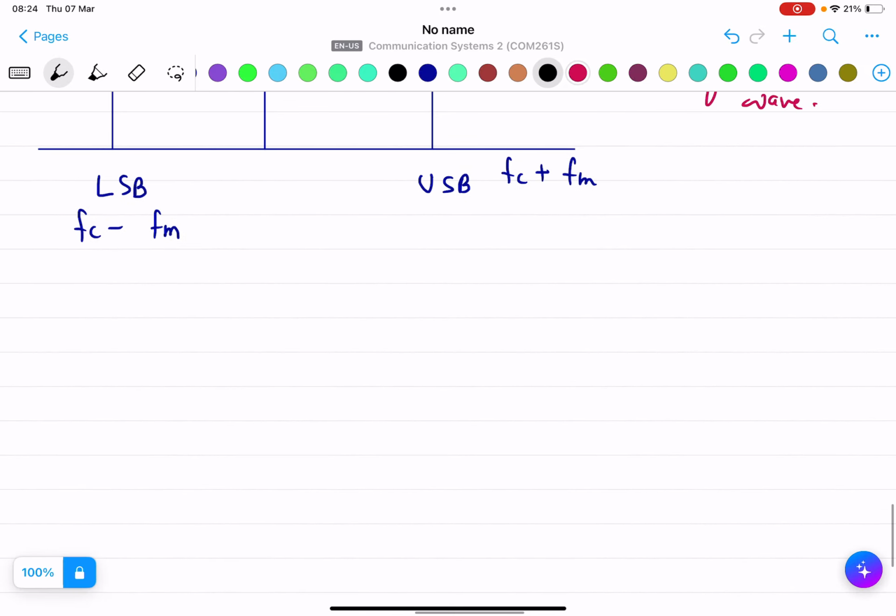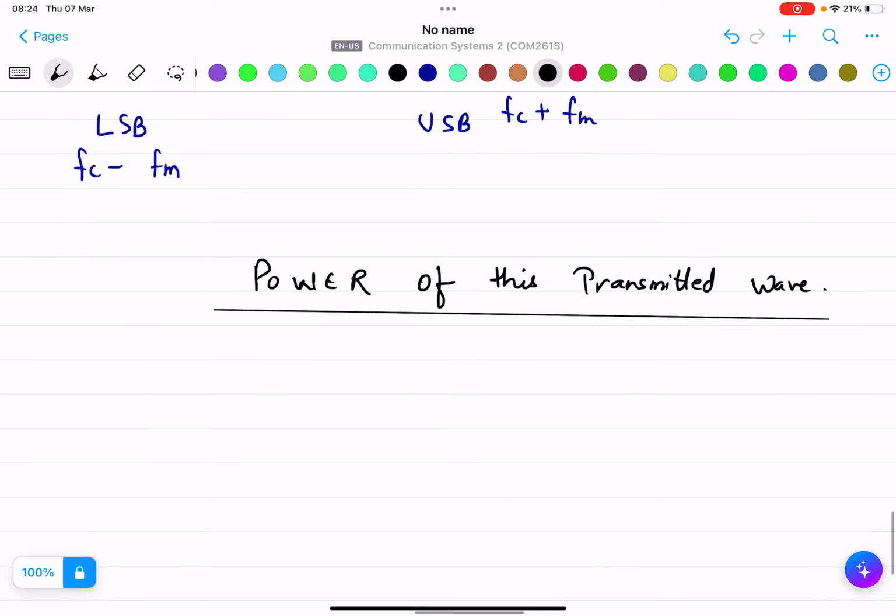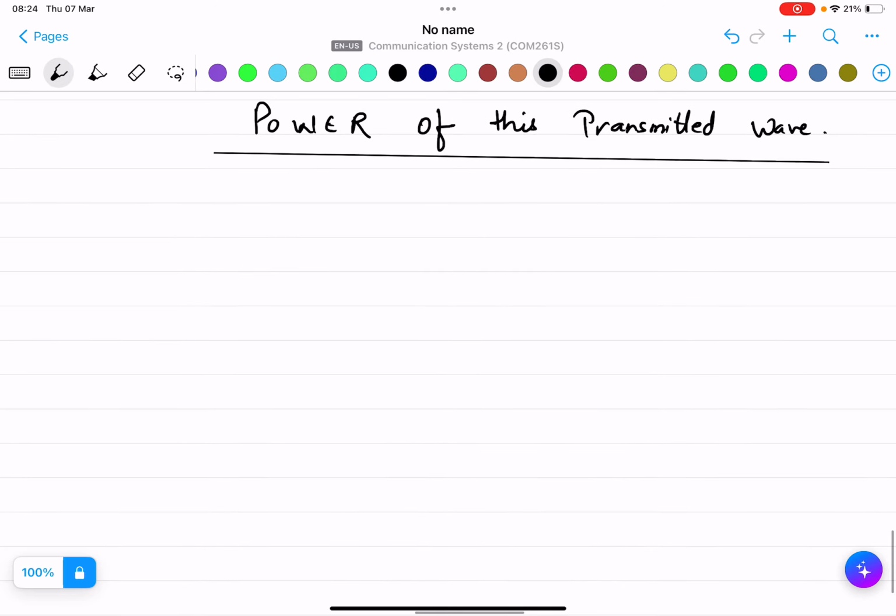Now the next heading is, if we need to find out the power of this transmitted wave, how will we find it out? We will derive the expression.